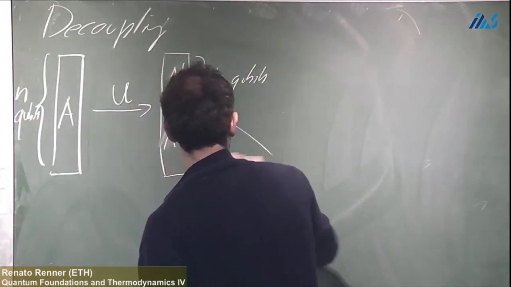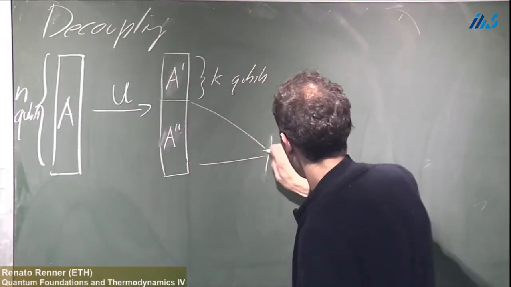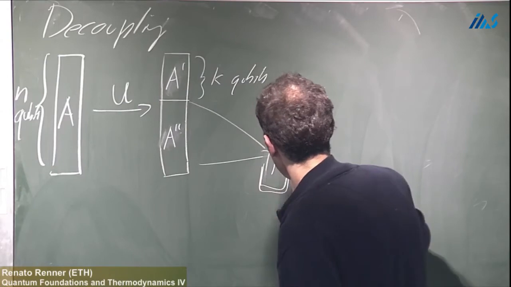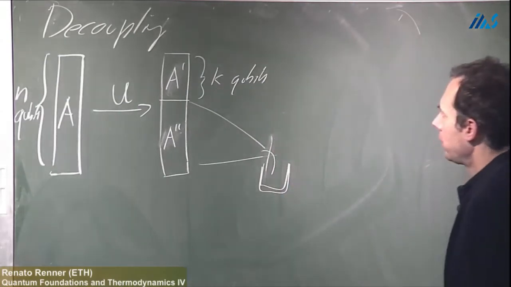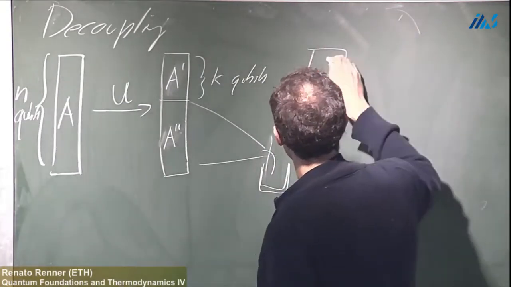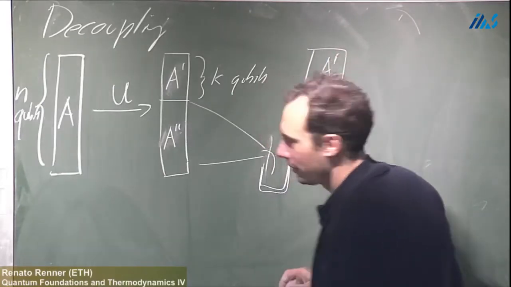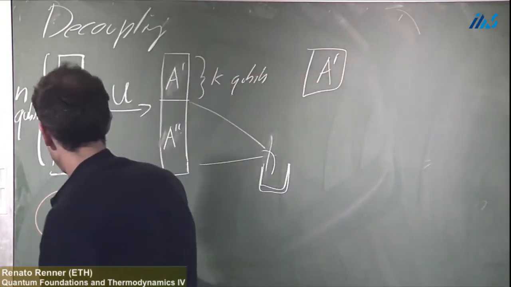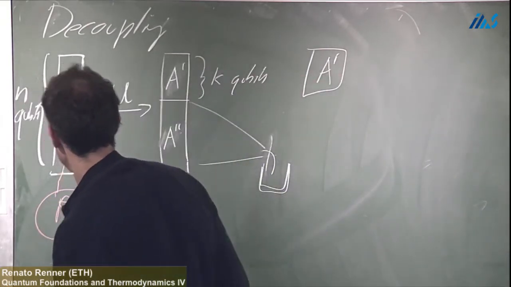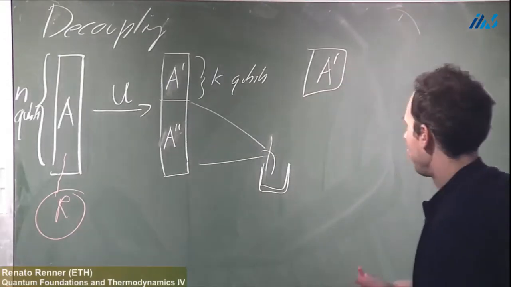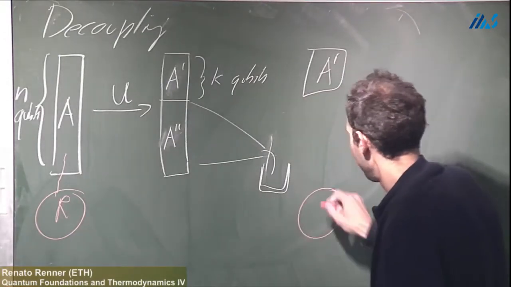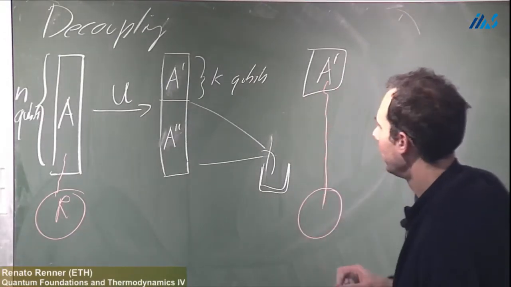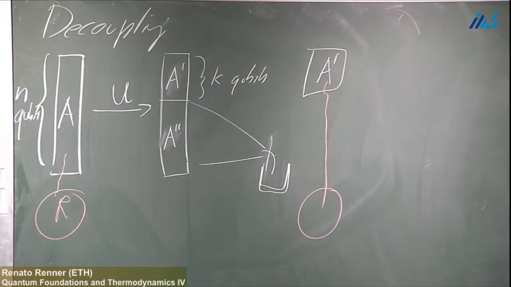And then you discard that thing. You just throw that into a bin. And you're now asking, if you're only looking at these A prime qubits, how well are they correlated to some other system? So you have this reference system R, and there's a correlation between R and A, which can be arbitrary. And now you're asking how well are these things correlated?